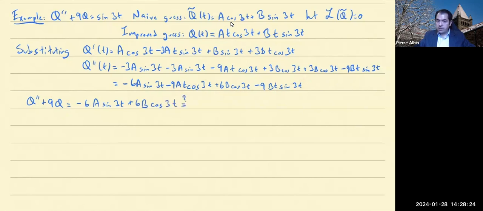And then we want this to be equal to sine of 3t. And so we see that what we need is minus 6a should be 1 and 6b should be 0. So q of t equal to minus 1/6 t times cosine 3t works, right? It solves this equation. We found our particular solution. Okay.